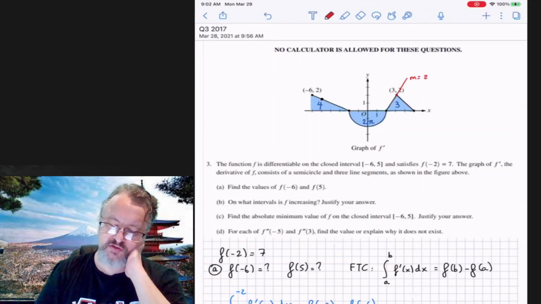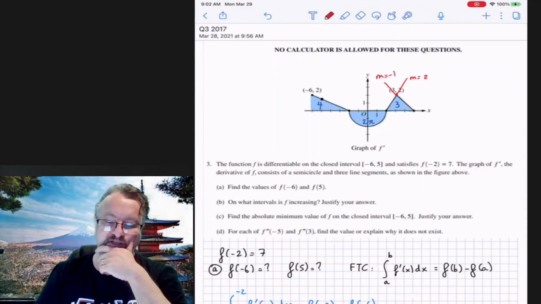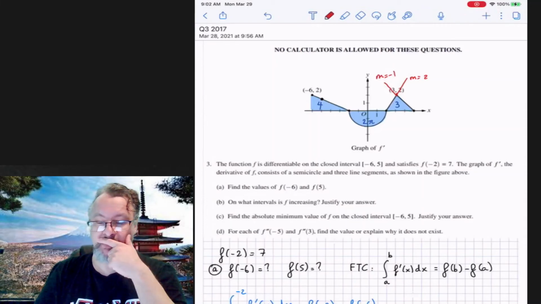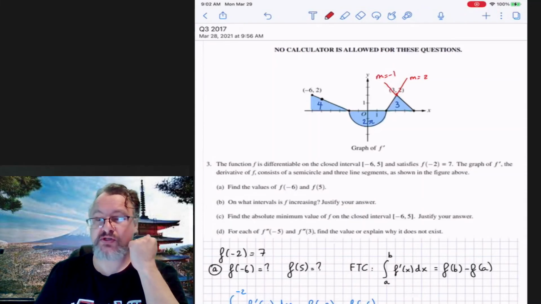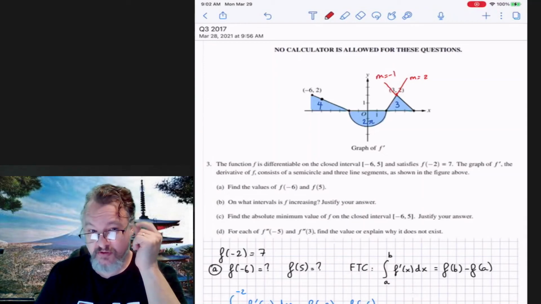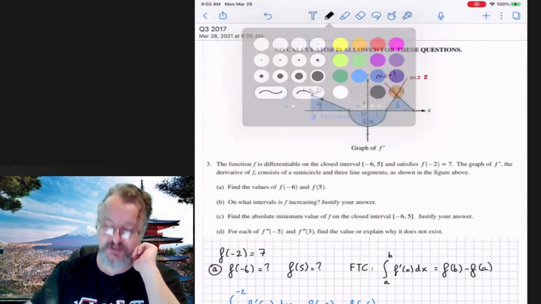And if we take the slope from the right, it's going to be this one right here, which is m equal -1. And so if the slope from the right and the slope from the left are not equal, that means the function does not have a defined derivative at that point. That means that f double prime does not exist.